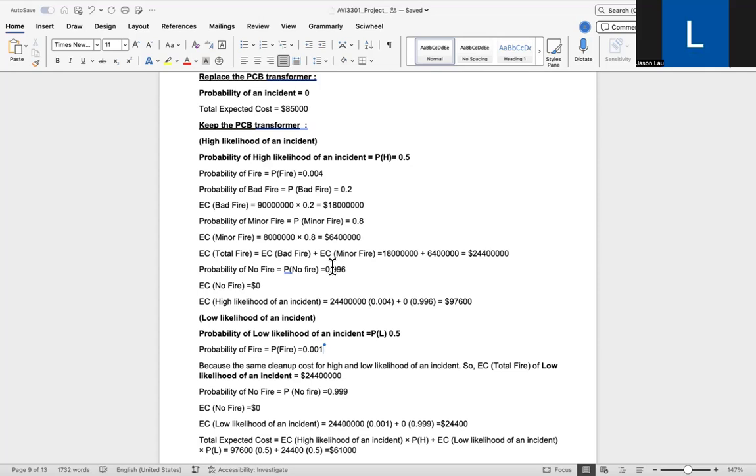Then we can calculate the total expected cost of keeping the PCB transformer, which is the expected cost of a high likelihood of an incident times the probability of high likelihood, plus the expected cost of a low likelihood of an incident times the probability of low likelihood. So we get 61,000.